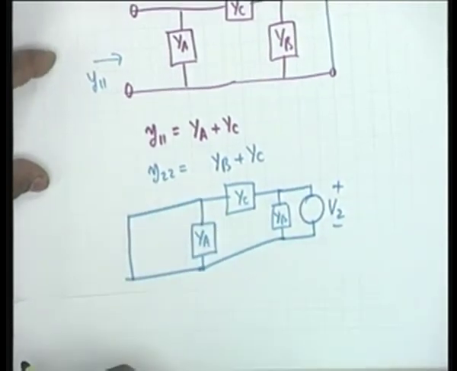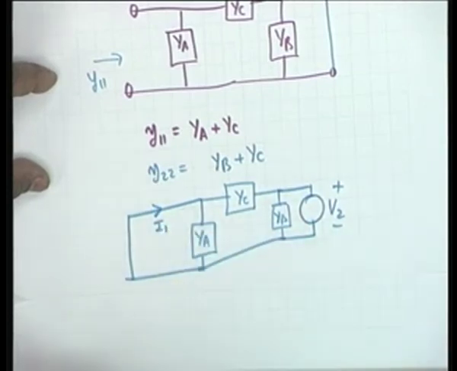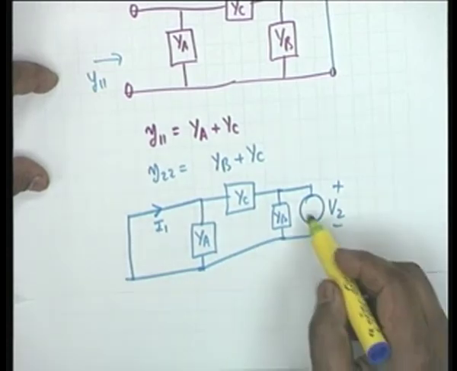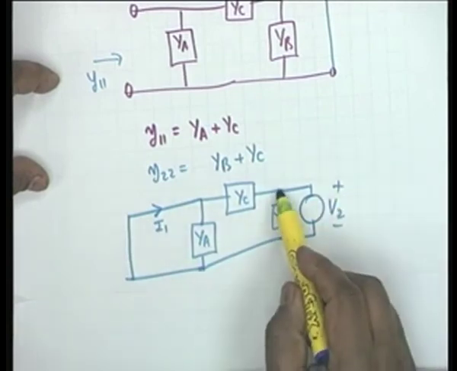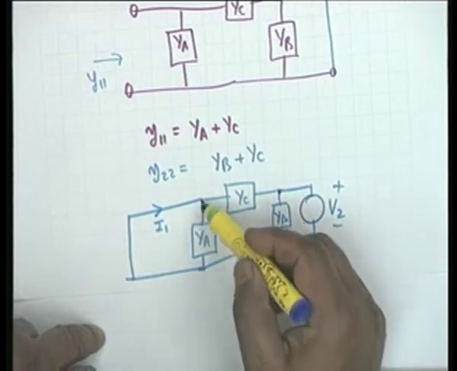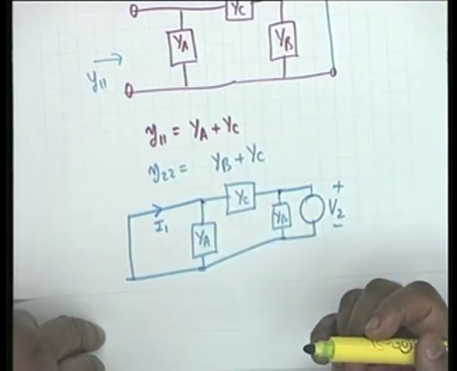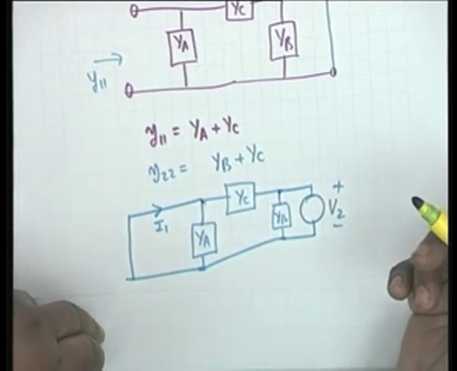Short circuit this and measure this current I1. What do you think the current would be? You see, YB is in parallel with V2, so it becomes ineffective. And this voltage is 0, so this also becomes ineffective. So V2 by YC would be equal to I1.